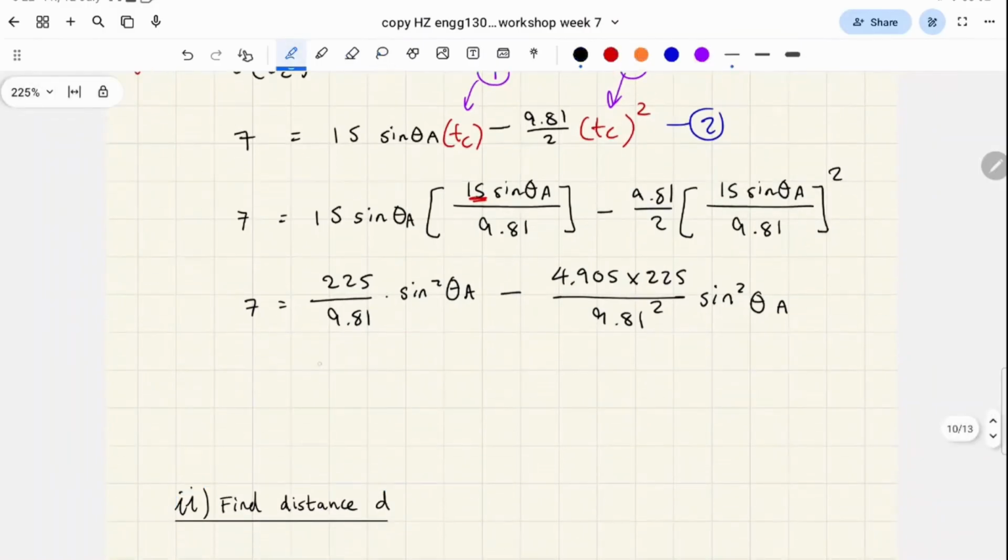Okay, so basically we rearrange for sine squared theta a, which equals that.